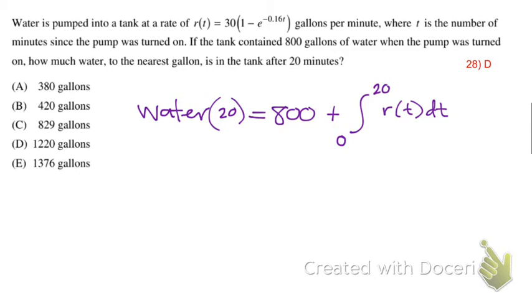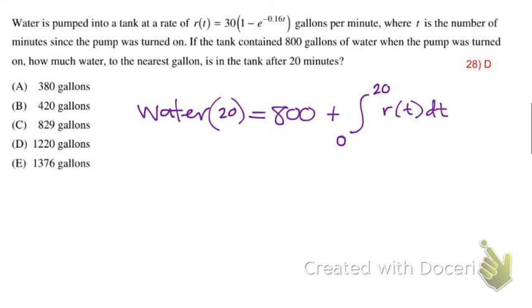So it's 30 times 1 minus e to the power of negative 0.16 t, or x in this case. All right, that looks right to me. I'm going to go back to my main screen, and I'm going to say what is 800 plus the integral, math 9, from 0 to 20 of that y value I just plugged in.